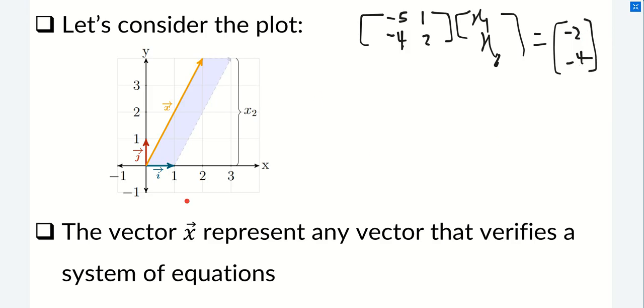All right, so let's look at something here. Now, when we pick any of these vectors, let's even pick this vector. You pick this vector, it can be expressed as what? x1 times 1, 0, you agree? Then plus x2 times 0, 1.